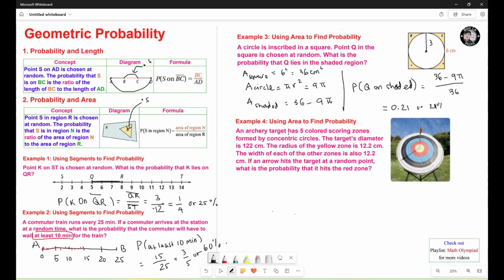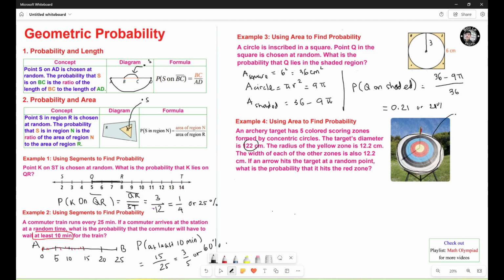An archery target has 5 color scoring zones formed by concentric circles. The target diameter is 122 centimeters. So this is the whole circle right here, this is the target, and the diameter is 122. You need to calculate the radius.